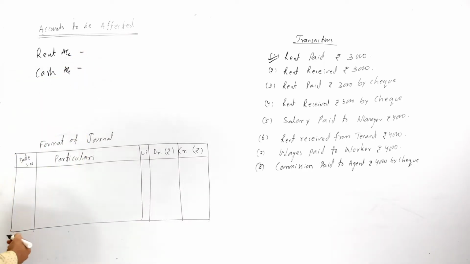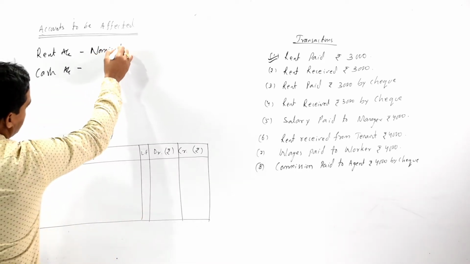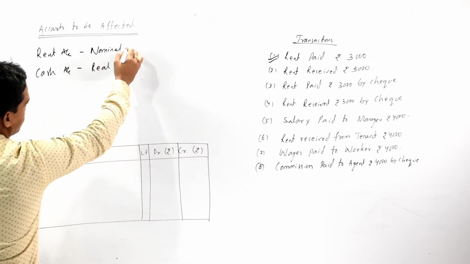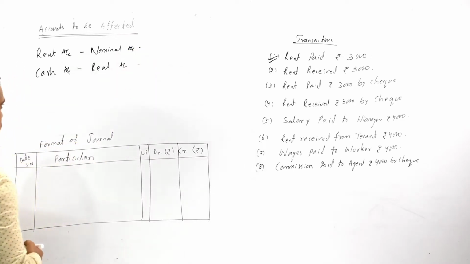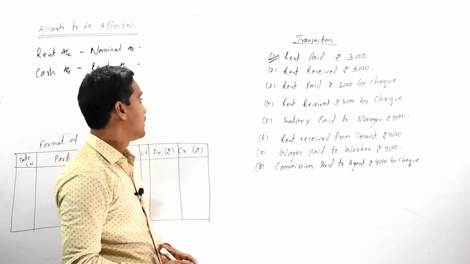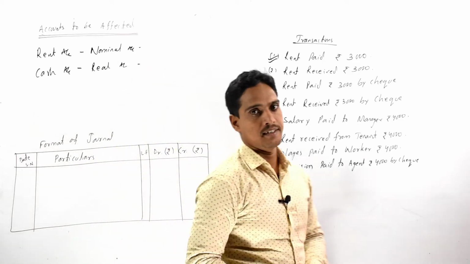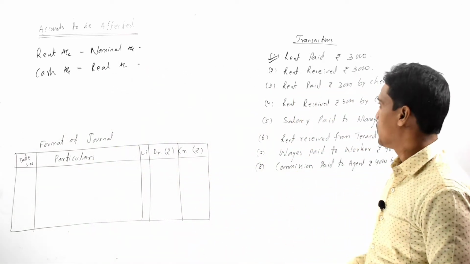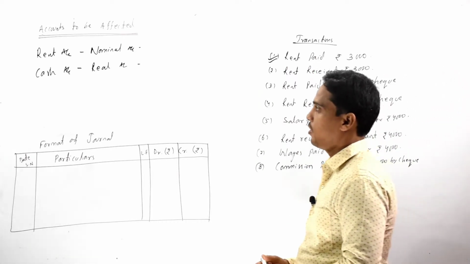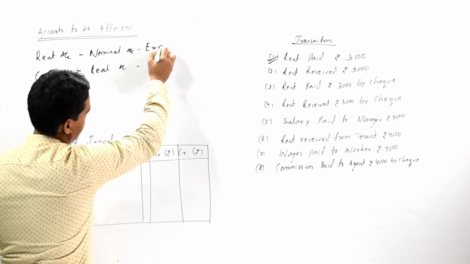Our rent account belongs to nominal account and our cash account belongs to real account. Then we should identify the nature of the accounts in the given transaction. As we are paying the rent, our rent here is an expense.